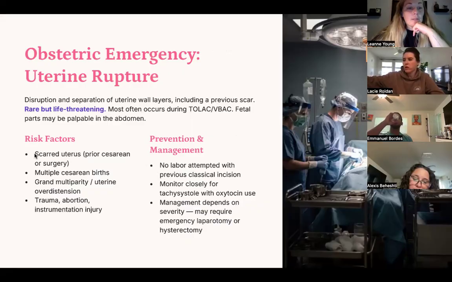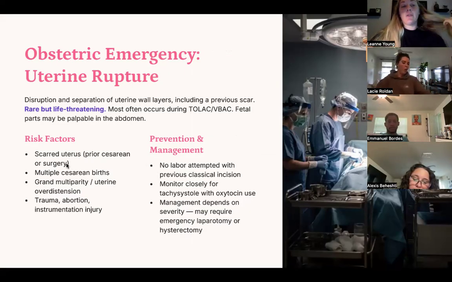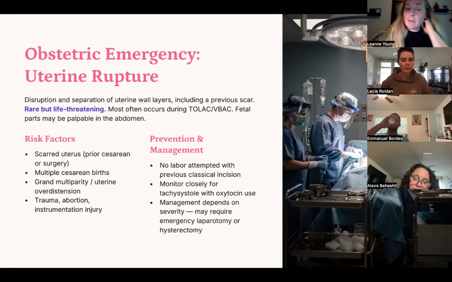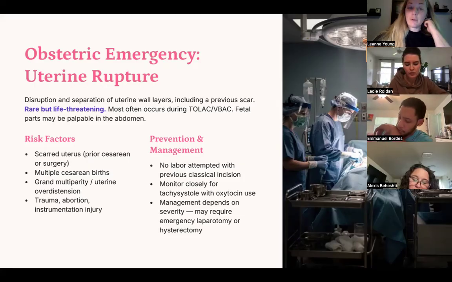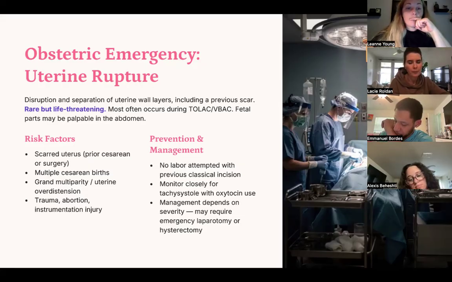So a scarred uterus, a multiple C-section history is a risk factor, if they've been pregnant a lot, if they're grand multips, or uterine overdistension. So big babies, multiple gestations, polyhydramnios, anything like that can increase our risk for uterine rupture. Any type of trauma can also cause uterine rupture.